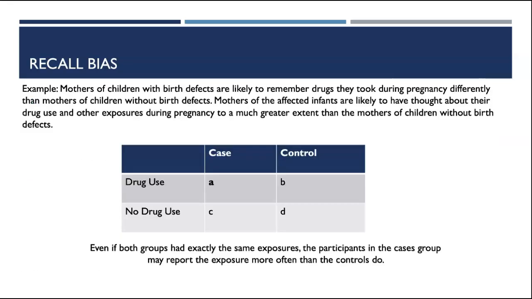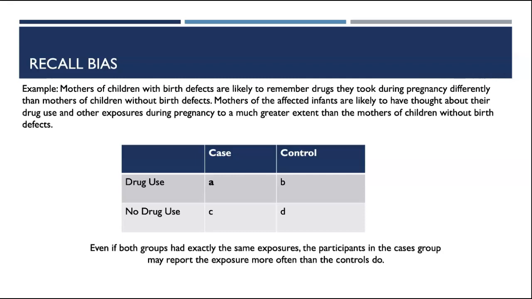So let's talk about an example. Mothers of children with birth defects are likely to remember drugs they took during pregnancy differently than mothers of children without birth defects. Mothers of the affected infants are likely to have thought about their drug use and other exposures during pregnancy to a much greater extent than the mothers of children without birth defects.